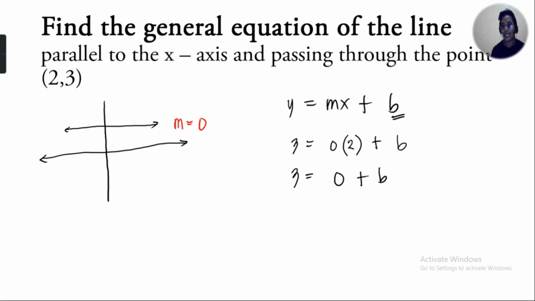Meaning that the given line passes through the y-axis at positive 3. Therefore, the equation of the line: y is equal to 0, 0 yung ating slope, 0x plus yung ating b is 3.